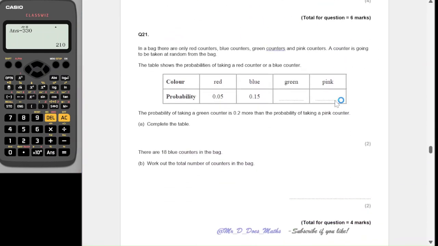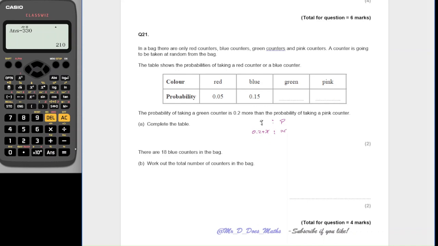Okay, question 21. Complete the probability tree. So the probability of taking the green counter is, so green is 0.2 more than the pink. So if I call that x, that would be 0.2 plus x. So these have all got to add up to 1.